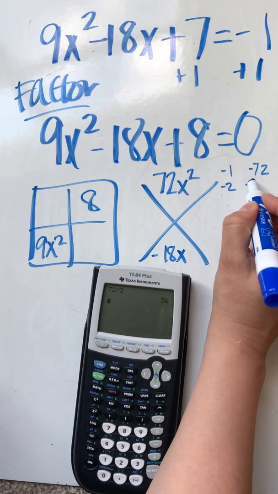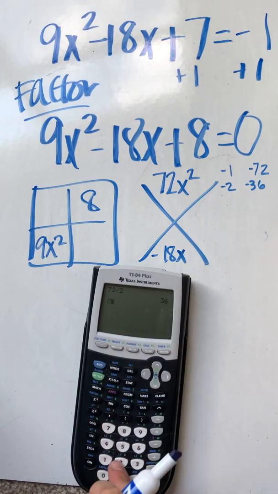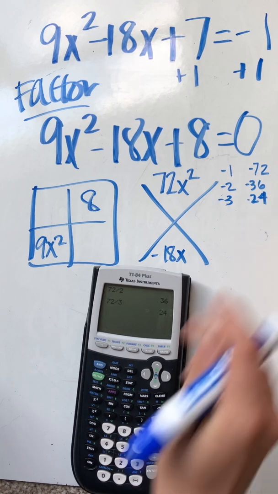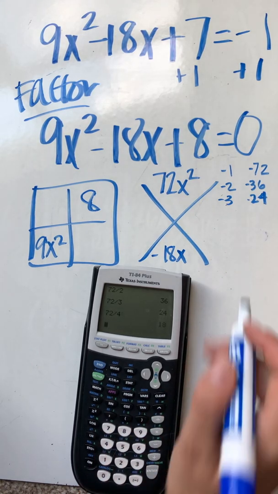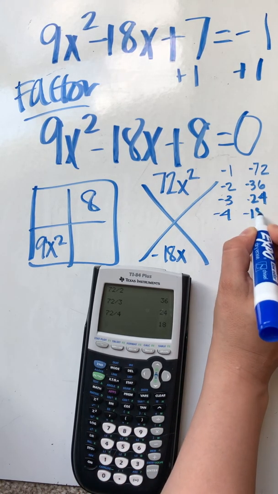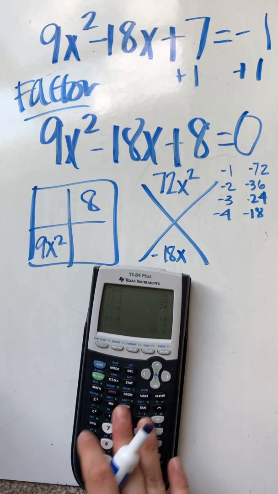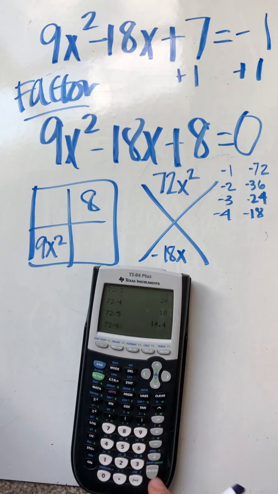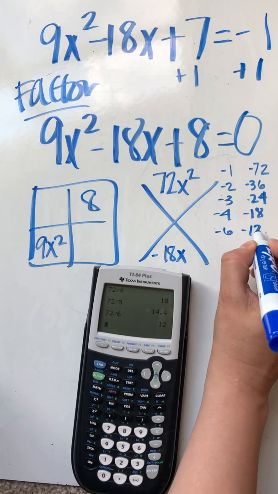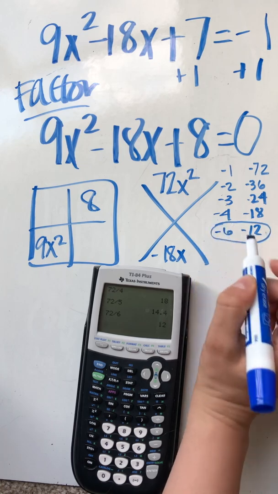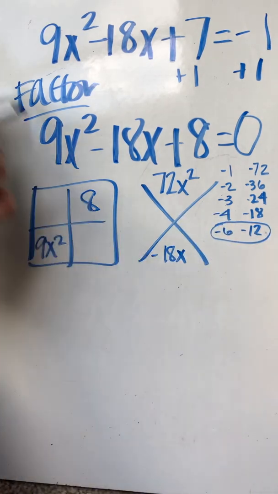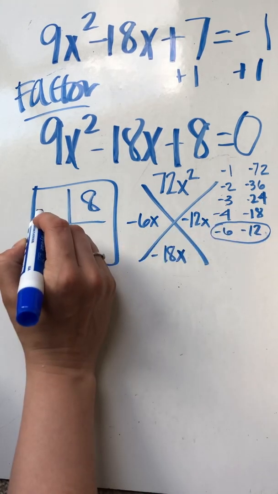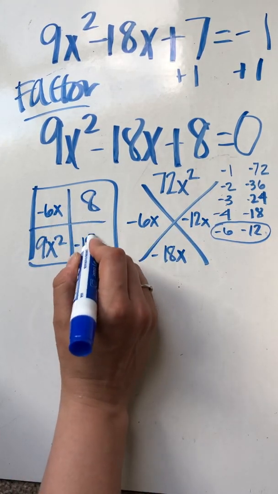So negative 2 and negative 36. 72 divided by 3 is 24, so negative 3 and negative 24. 72 divided by 4 is 18. 72 divided by 5, that doesn't work, it's a decimal, so that's not a factor. 72 divided by 6, 12. Okay, so now I've found the factors of 72 that also add to be negative 18. So I can fill out my diamond problem and then go over here and fill out my area model.